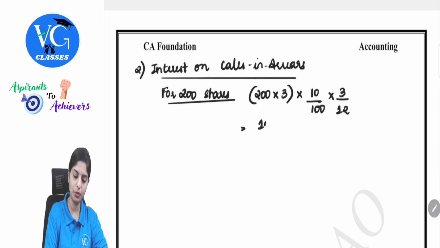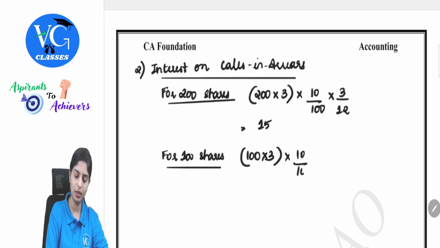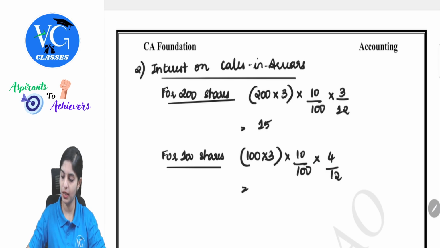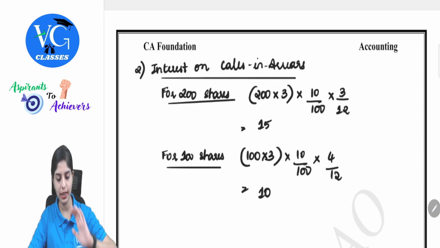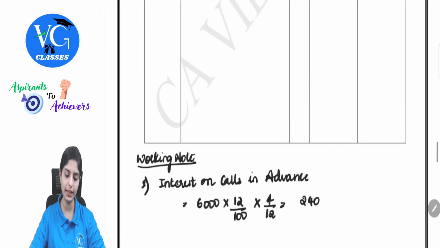So this will be 15 rupees. For 100 shares: 100 into 3 into 10% into 4 by 12. This is 10 rupees. The question clearly says make workings for interest. So we have done that.